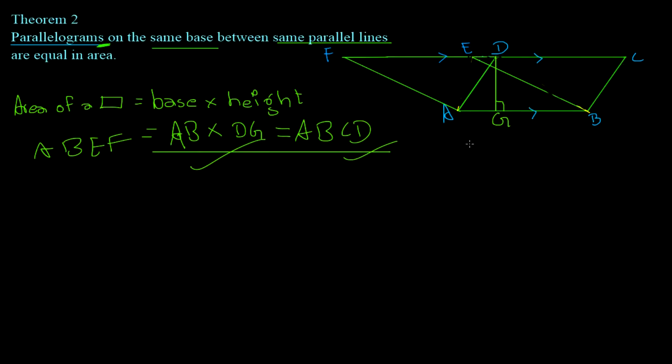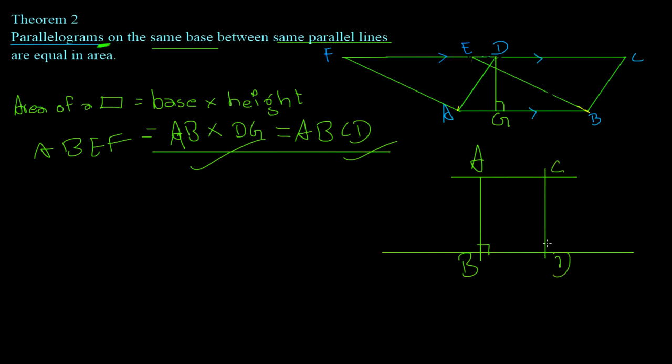CF. So if I draw here two parallel lines, and if I draw a perpendicular here, name it AB, then if I draw another perpendicular here, CD, then these two will be equal in length. Why? Because they are standing between same parallel lines.